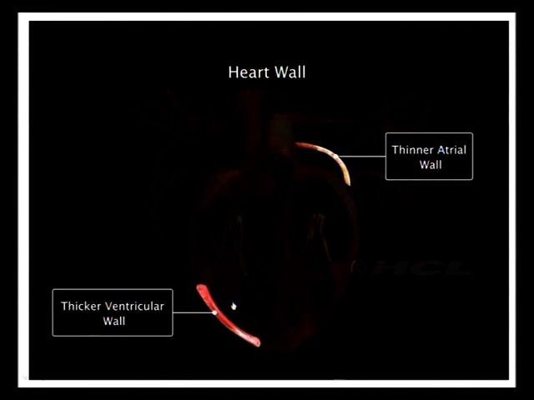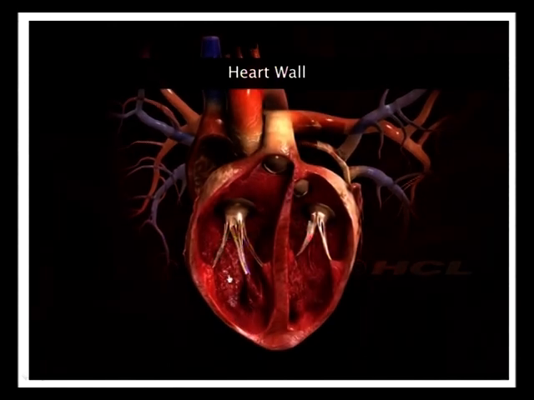Yes, because it pumps the blood to all parts of the body with great pressure. Hence, it consists of thicker muscles. So, Tswreis, this is the atrial wall and this is the ventricular wall.